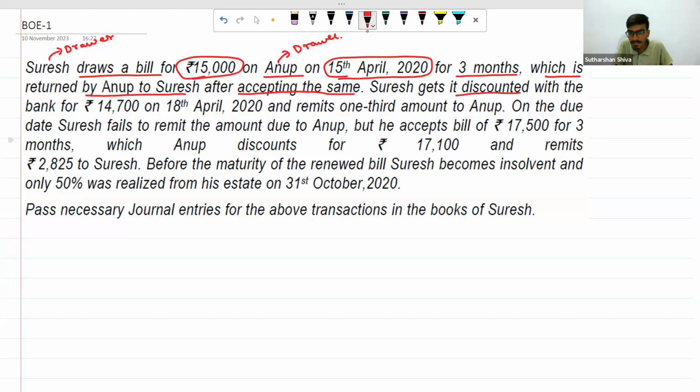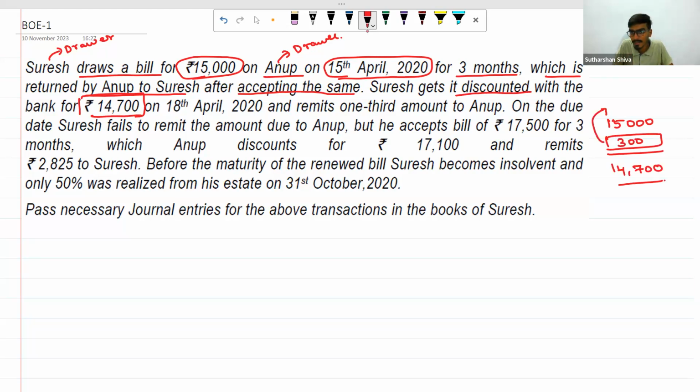Suresh gets it discounted with the bank for 14,700. What is the total bill value? 15,000. Finally, he is getting 14,700. The left value is 300.